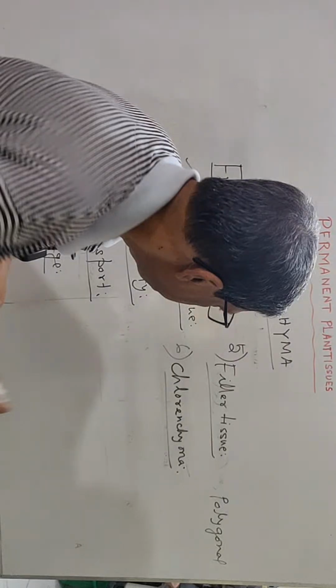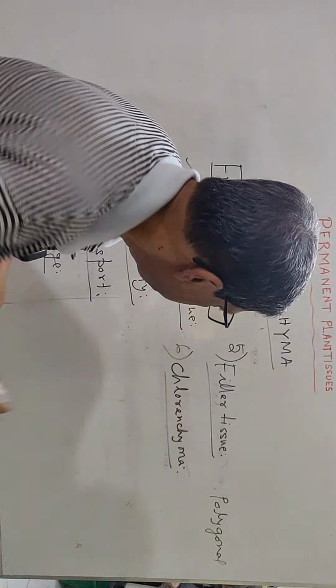Number 8, idioblast. It contains the excretory materials of the plant: gum, resin, latex, etc. So we store the waste products of the plant.